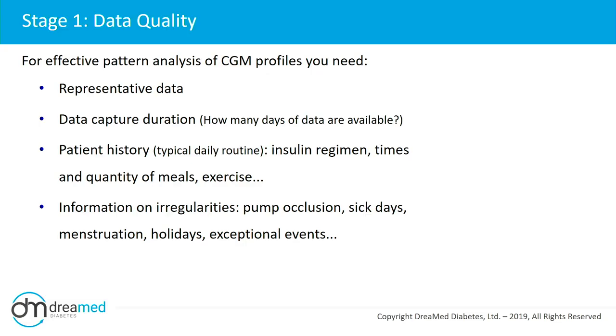For example, if the patient was hospitalized in the past 3 weeks, there is no way to analyze his data right now in order to make any conclusion about his future. Then we want to make sure that we have enough data to analyze. If, for example, he didn't wear the CGM enough over the day, it will be difficult for us to make conclusions over that data. Also, we want to see if there is something special about the patient's history that we should pay attention to while analyzing the data, and find any irregularities in the data.